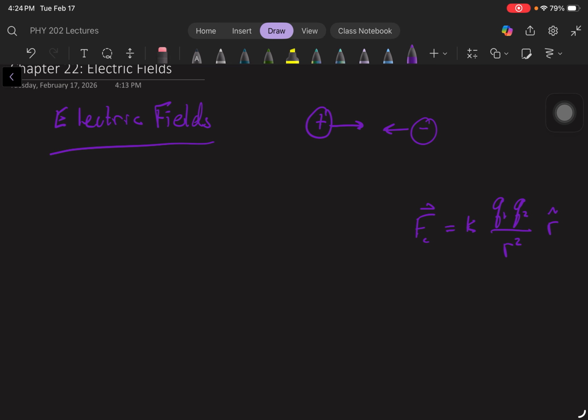We experience the force following this equation. And so the question we're going to ask here is, how do these charges know about each other?